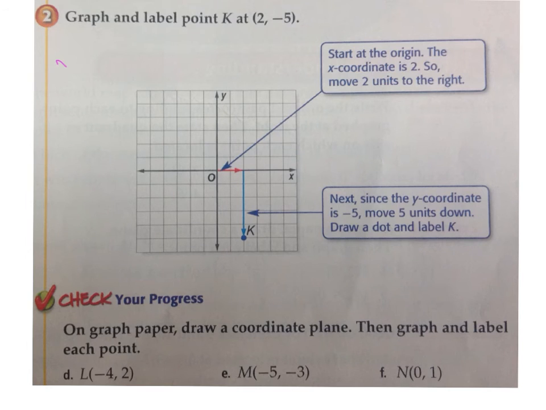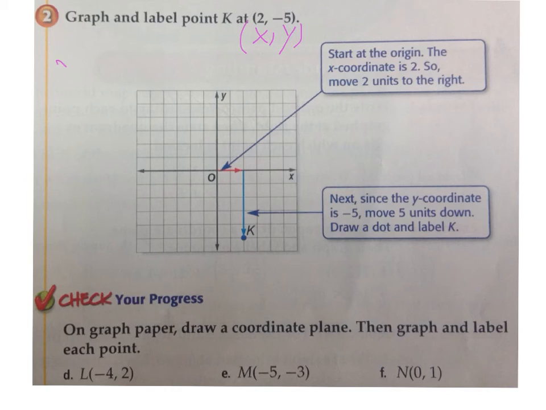The last thing we're going to do is graph some coordinates that we're given. So if you are a Battleship fan, this will be easy for you. It's the same sort of thing you do in Battleship. And so, just a reminder here, it's always X and Y, right? So we got to keep that in mind. So we can see here, they showed us the example of 2 and -5.